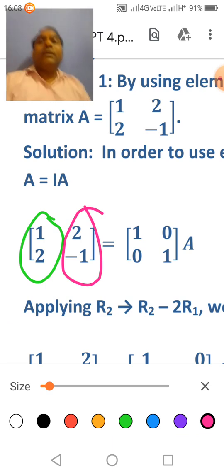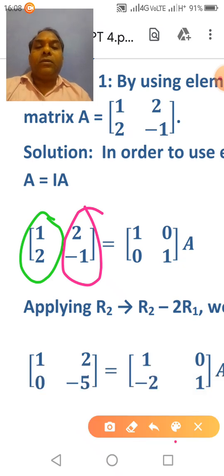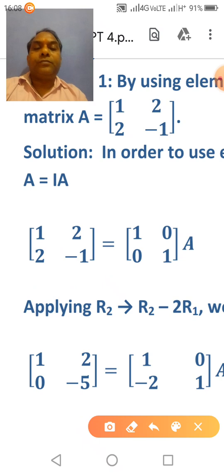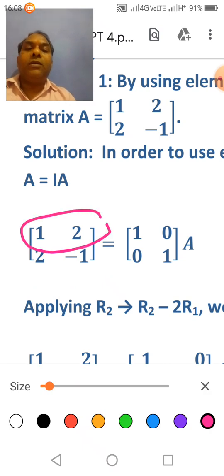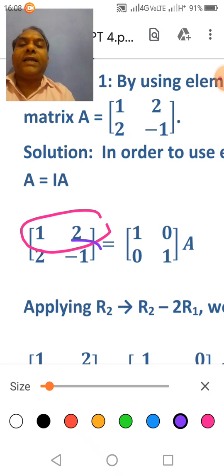And in case of column elementary operation, you have to convert LHS into identity matrix row wise. Means you have to convert the first row 1 0, then convert the second row 0 1.